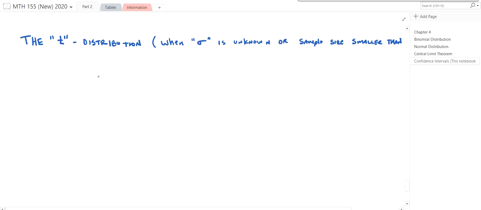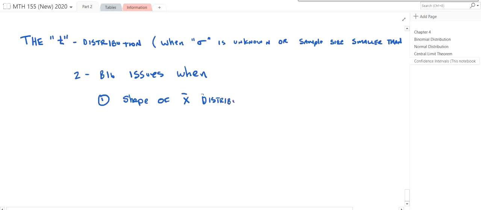So the two big issues that we have here: the shape of our x-bar distribution, or our sample mean distribution, is not always known.